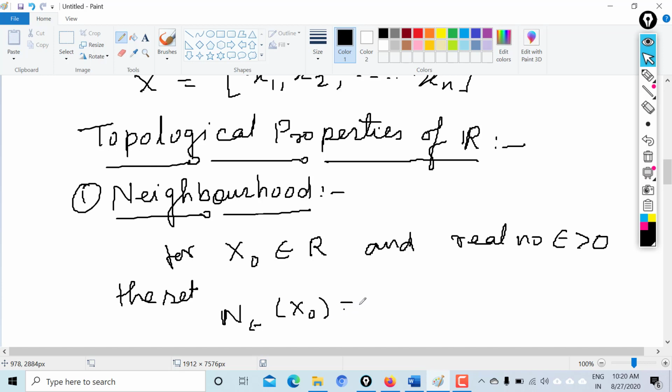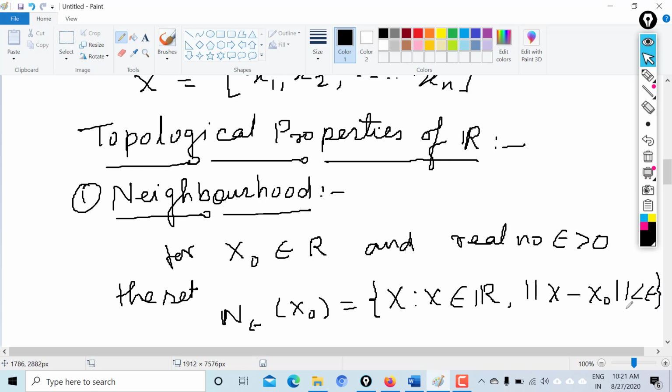The neighborhood set is defined as all the vector elements x such that x is also an element of R and mod x minus x0 is less than epsilon.